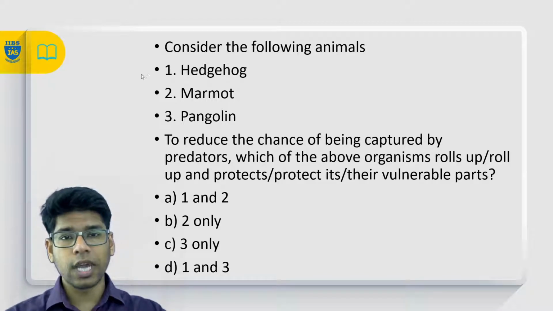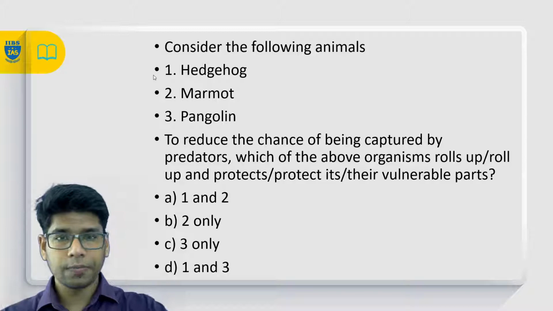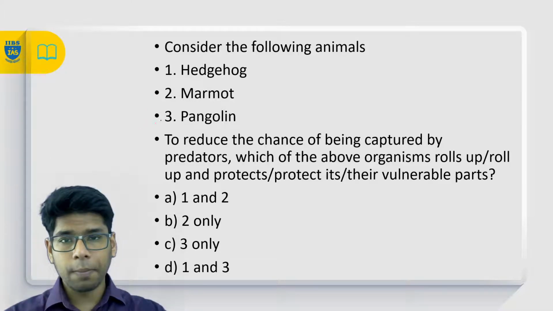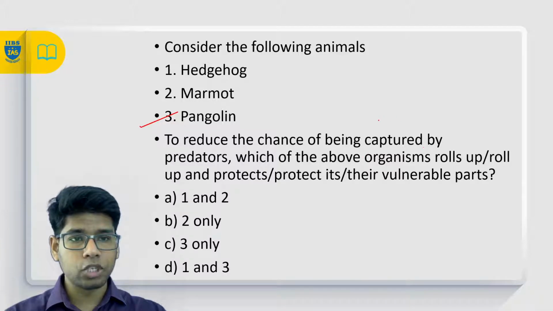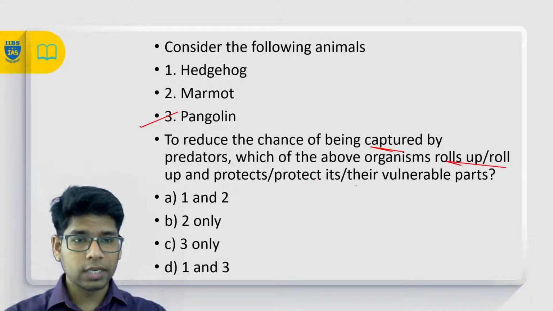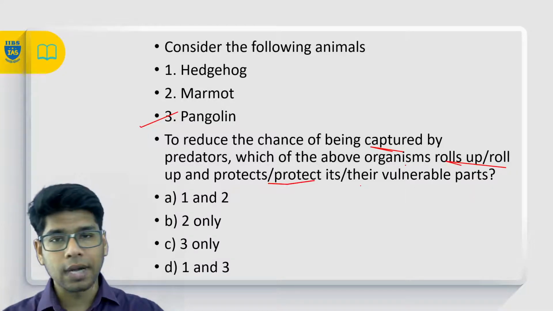Next, consider the following animals: hedgehog, marmot, and pangolin. To reduce the chance of being captured by predators, which of the above organisms roll up and protect their vulnerable parts?